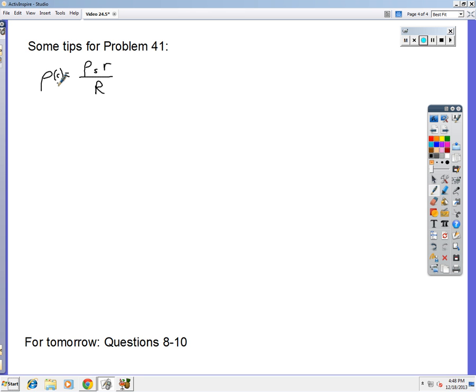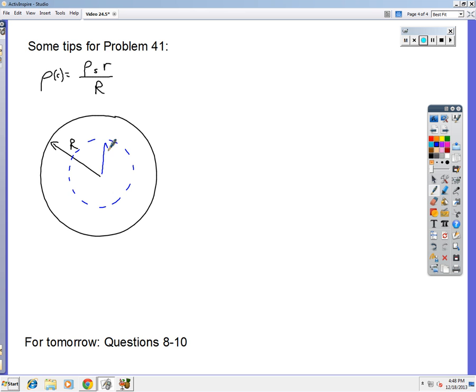And finding the enclosed charge in this case, what you'll do is you've got the overall charge distribution has a radius capital R. And when you draw a Gaussian surface of radius little r, you want to know how much charge is enclosed in there.